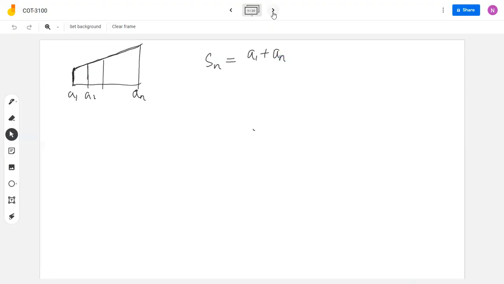If you recall, the area of a trapezoid is the lower base plus the upper base, times the height, divided by 2. And the same thing here: the first term plus the last term, times the number of terms, divided by 2.